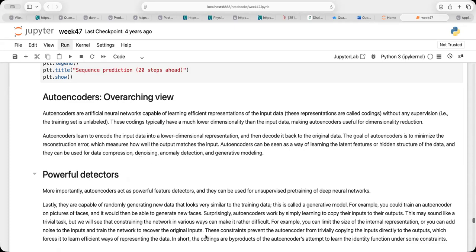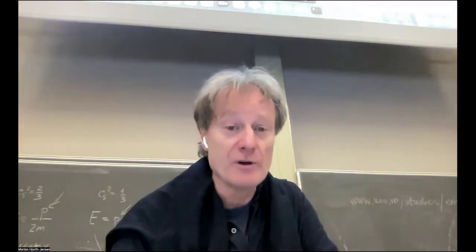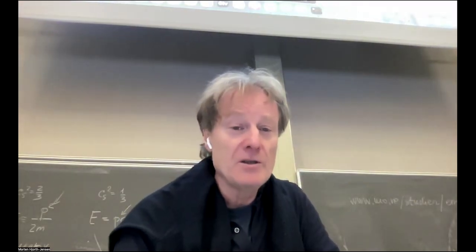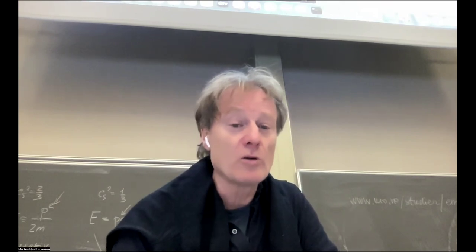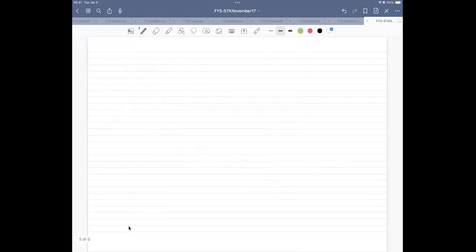So there's a lot of text here, but let's try to give you guys a kind of intuition about what an autoencoder is. So this is going to be our final topic. And if we now look at autoencoders, what we want to do is the following.